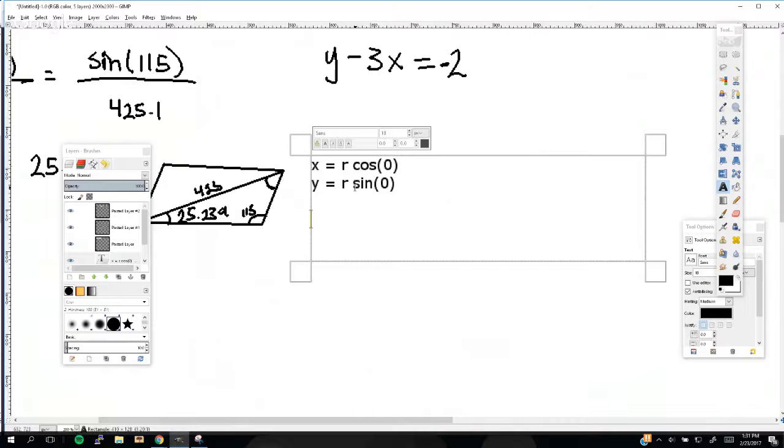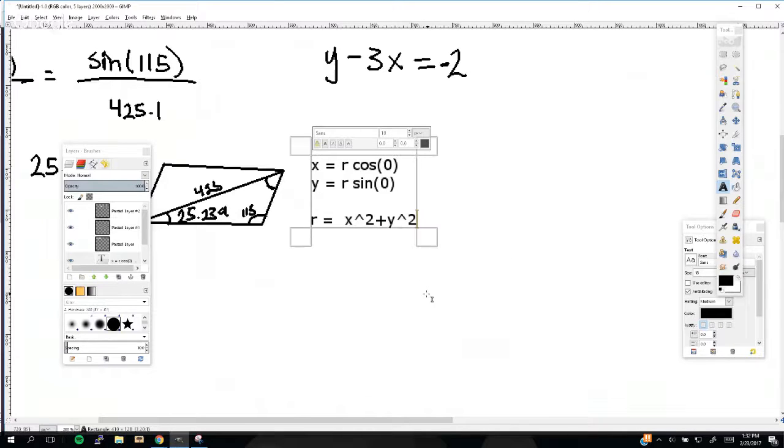Hmm. Could you square both? No. How do you like?